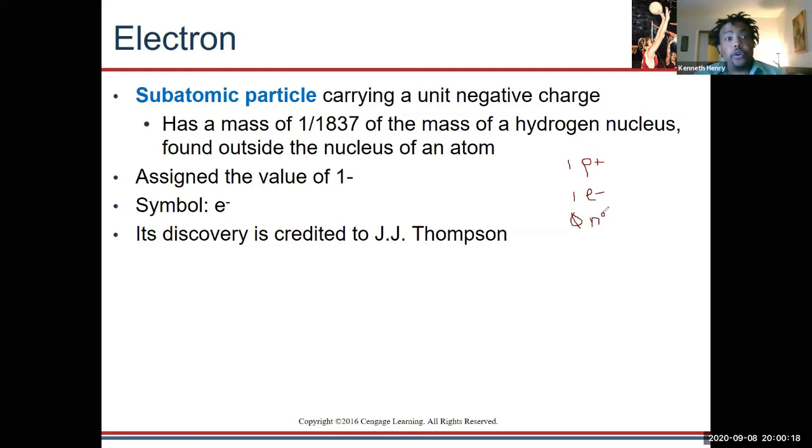Okay, so we know the nucleus of an atom is composed of protons and neutrons. And I'll show you this in a minute here, okay? So if the nucleus is composed of protons and neutrons, in the hydrogen nucleus, what do you have?